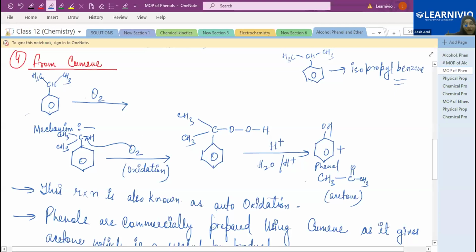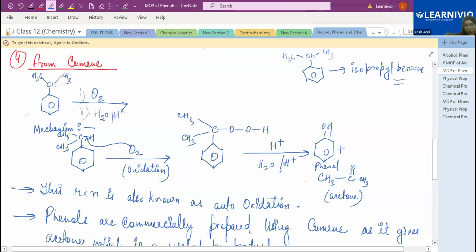On oxidation, how can we prepare phenol from cumene? It's a two-step reaction. First we do the oxidation, followed by acid hydration. This is the first step, oxidation, and the second step is acid hydration.